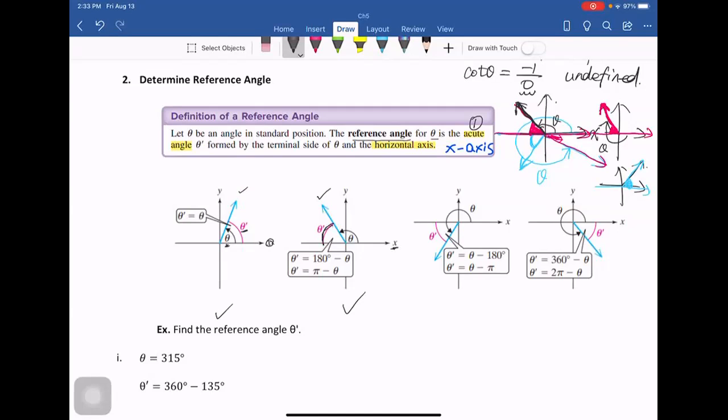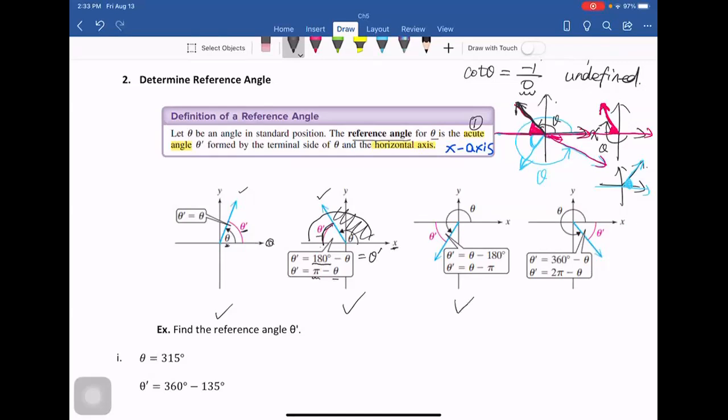So the theta prime is here. The relationship between theta and theta prime is use 180, subtract this part, so I get theta prime. Or in the radian form, you use pi minus theta.